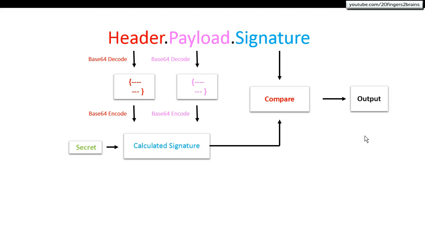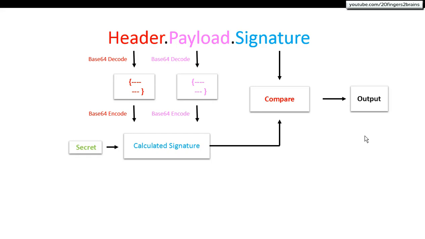Since the signature is computed from header, payload and a shared secret, if the hacker modifies the payload, as he doesn't have the secret which the server has, the hacker cannot compute the signature. Or if he computes the signature, he can do it only with his own key, not the secret key at the server side.